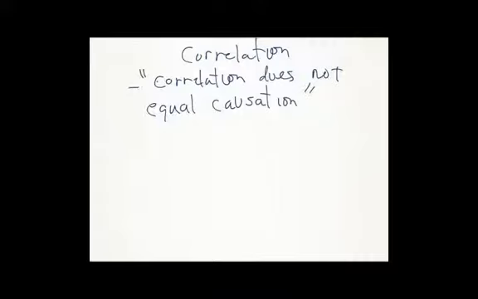It just means that when we measure correlation between two variables, it tells us whether there's a linear relationship or not. It is not telling us that changes in one variable are causing changes in another variable. So they're just measures of association. It's a measure of association, not of causation. That's an important thing to keep in mind.